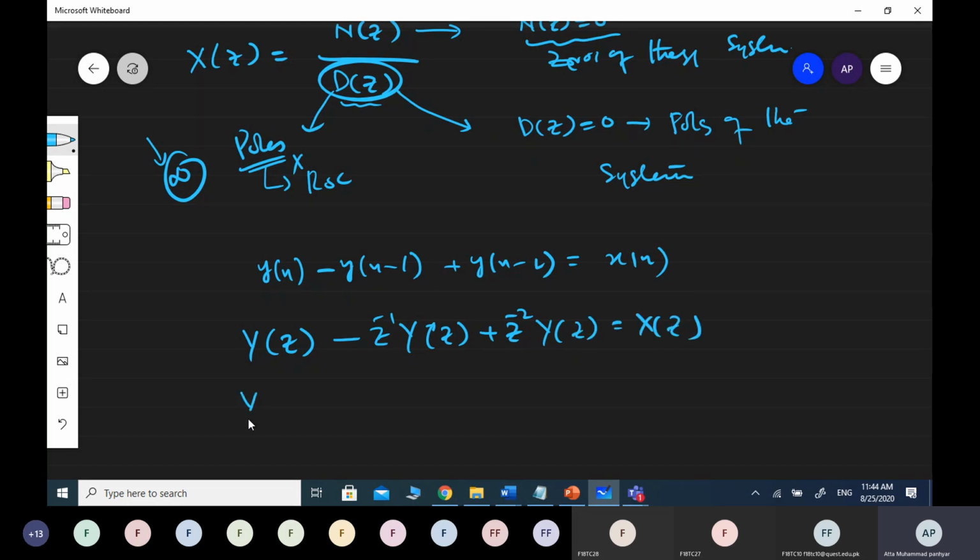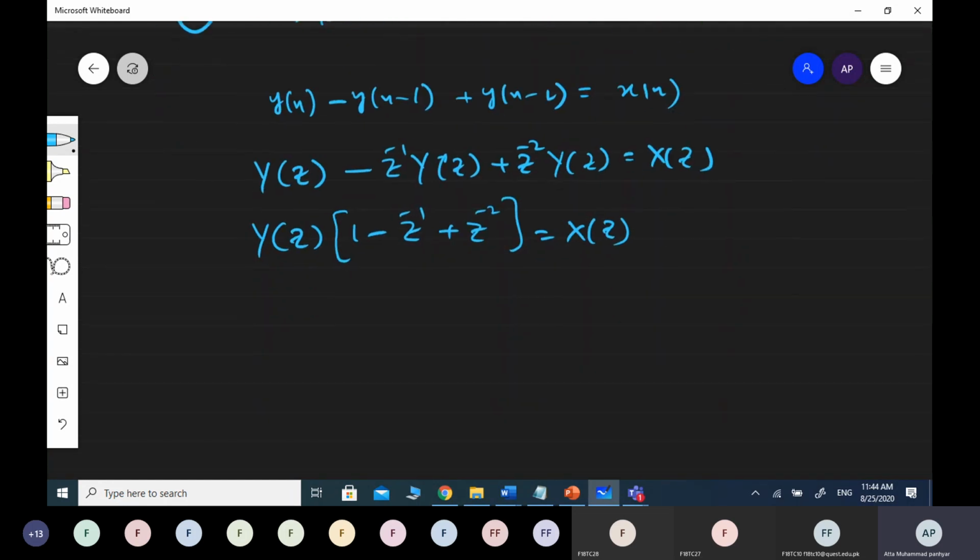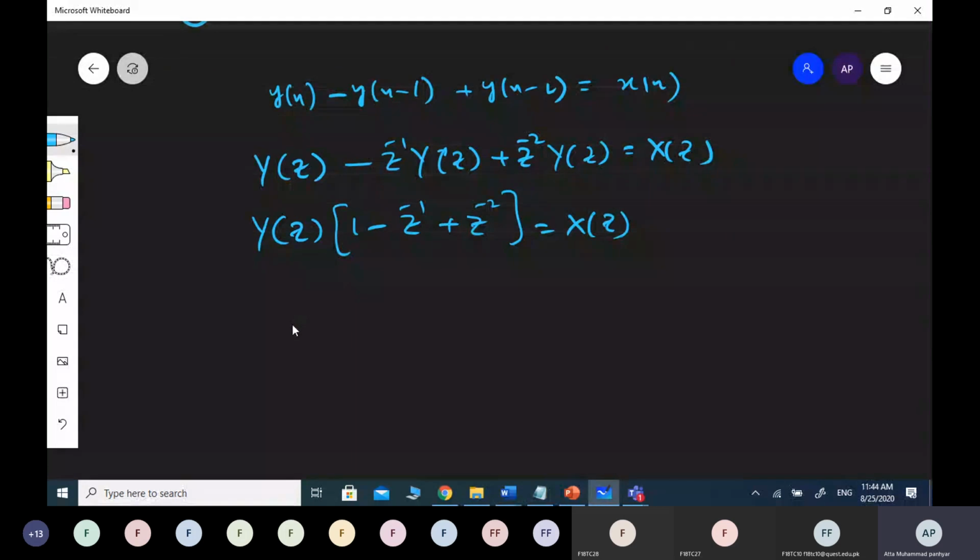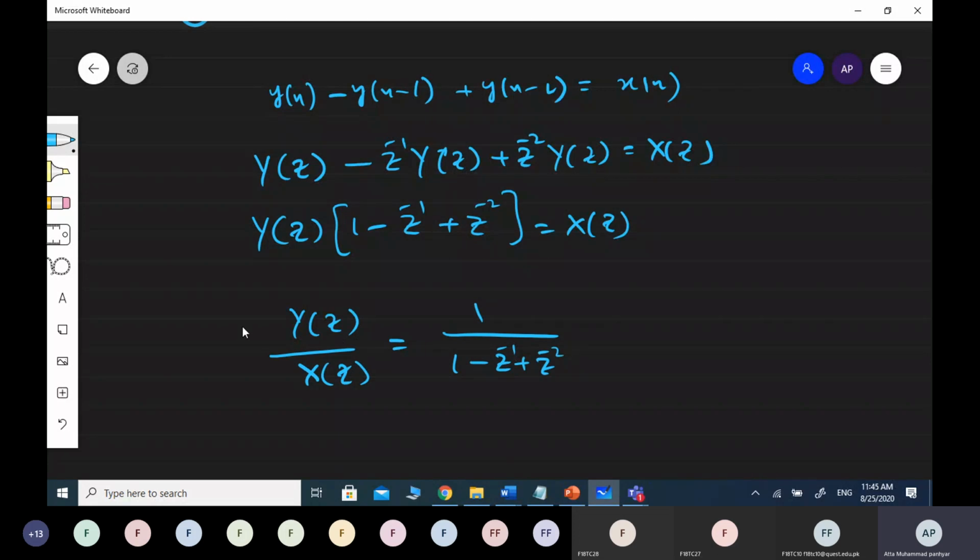Taking Y of z as common, Y of z over X of z is equal to 1 upon 1 minus z inverse plus z square. So this is called H of z, right?